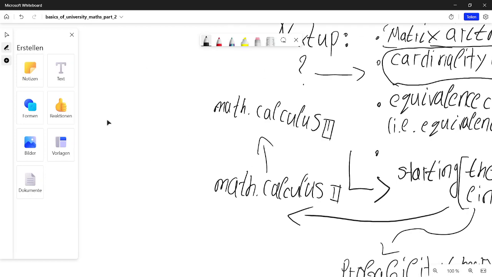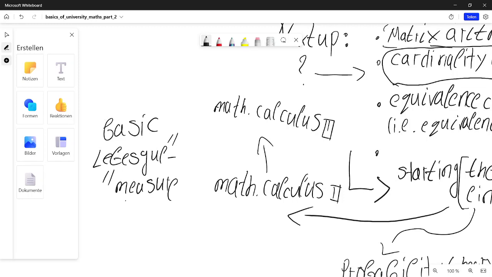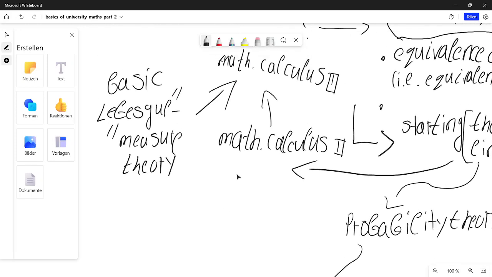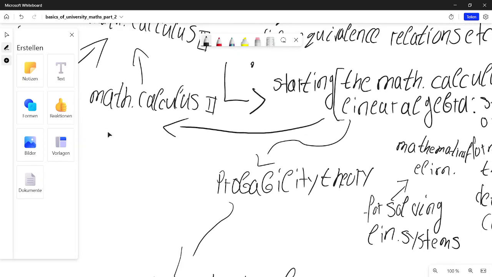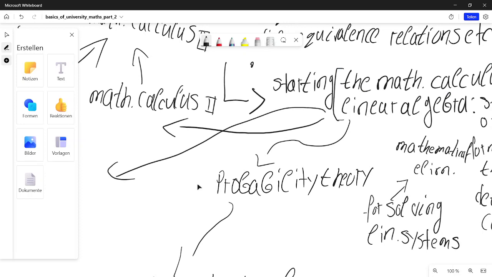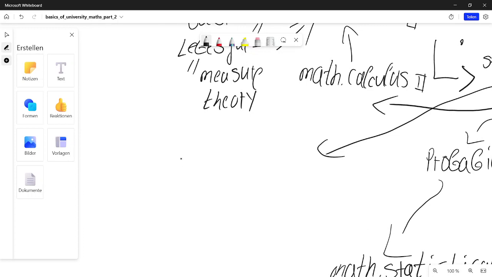Plus some basic measure theory. And from there, algebraic geometry.